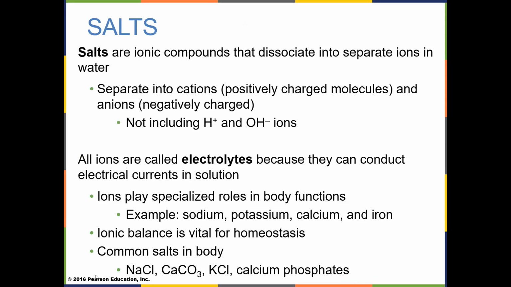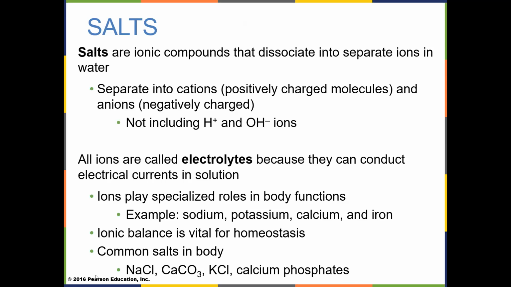Salts make up electrolytes. Salts go in, a salt like sodium chloride, like table salt. If you pour table salt into a beaker of water, it will separate, it will dissociate into its appropriate ions. In this case, sodium and chlorine. Sodium is the cation and chlorine is the anion.